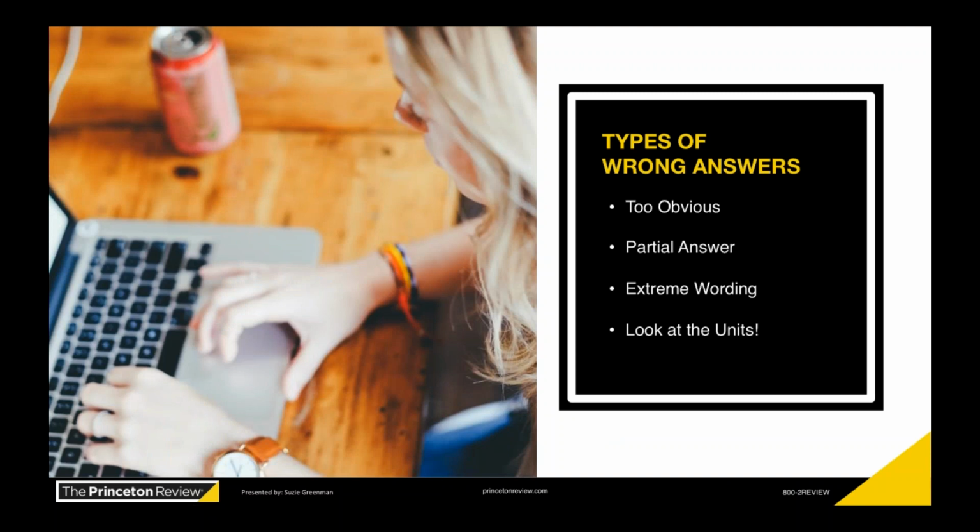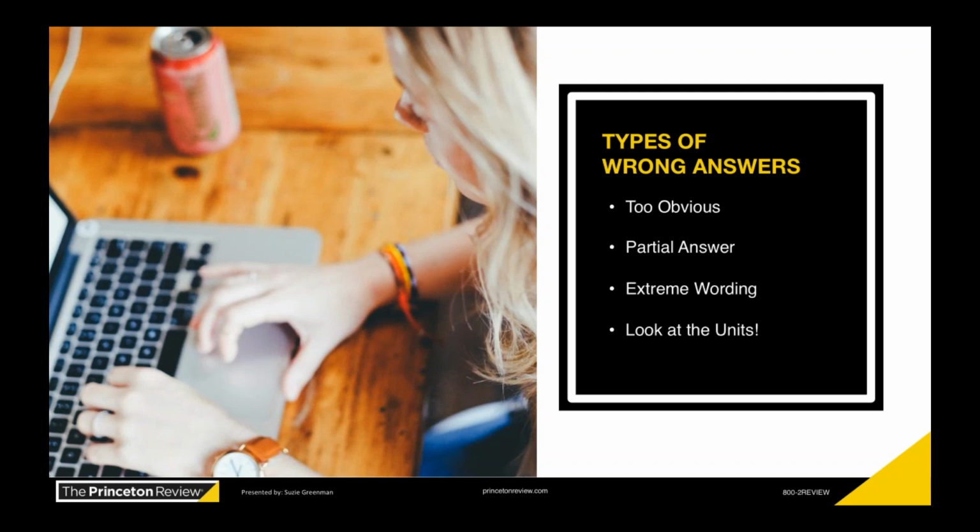When you're looking at answer choices, process of elimination is honestly your best tool. I'd say probably 80% of the time you're able to get to the right answer simply by eliminating wrong answers. And a lot of the ways that you're able to eliminate wrong answers is by finding patterns in wrong answers.